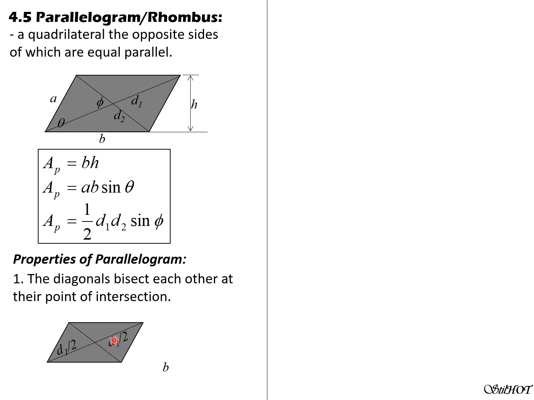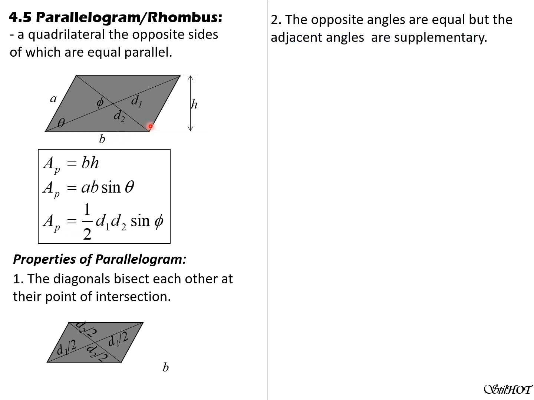So the next property, the opposite angles are equal, but the adjacent angles are supplementary. Because this is theta, this is 180 degrees minus theta. Opposite angles equal, so that's also 180 degrees minus theta. So adjacent angles are supplementary.